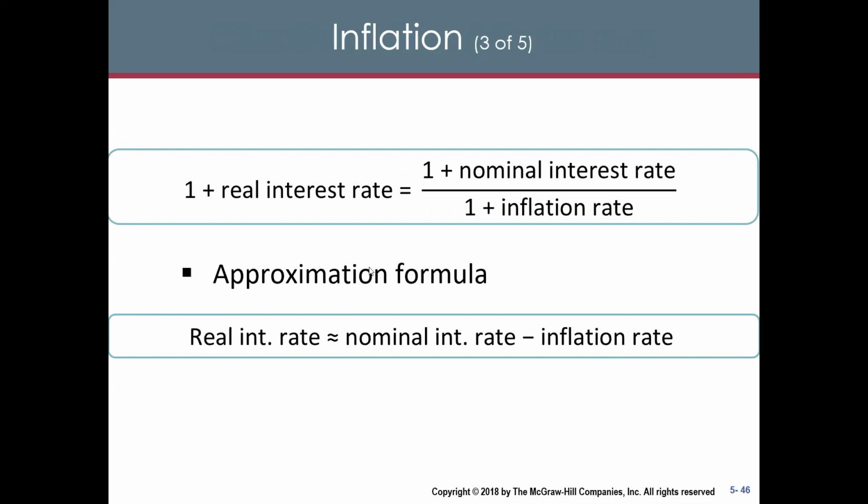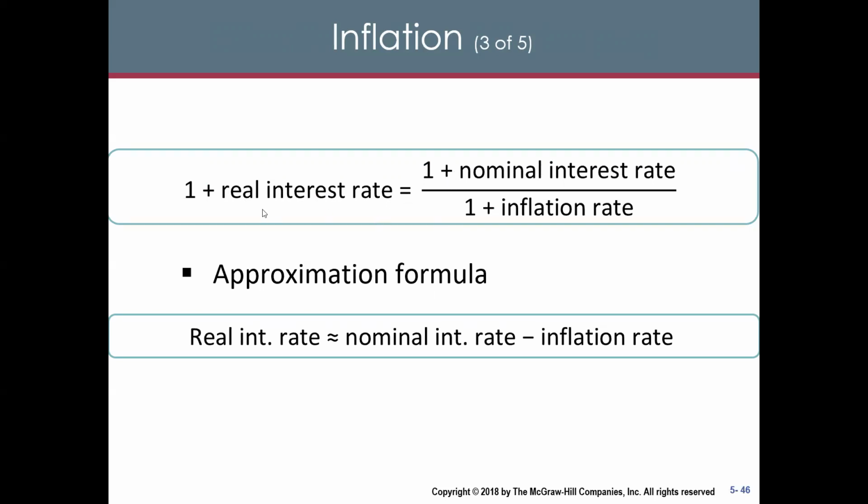However, there's also an approximation formula. For the first formula, if we multiply both sides by 1 plus the inflation rate, we get 1 plus the real interest rate times 1 plus the inflation rate equals 1 plus the nominal interest rate.